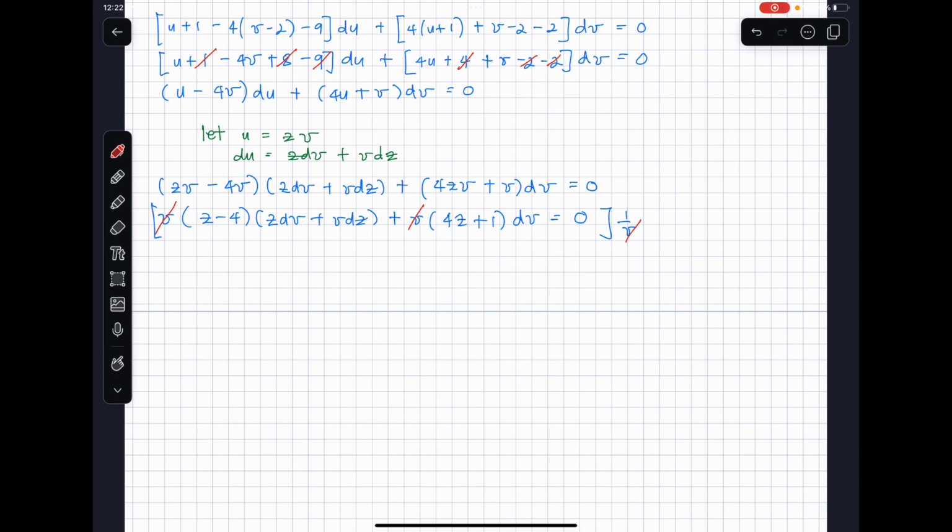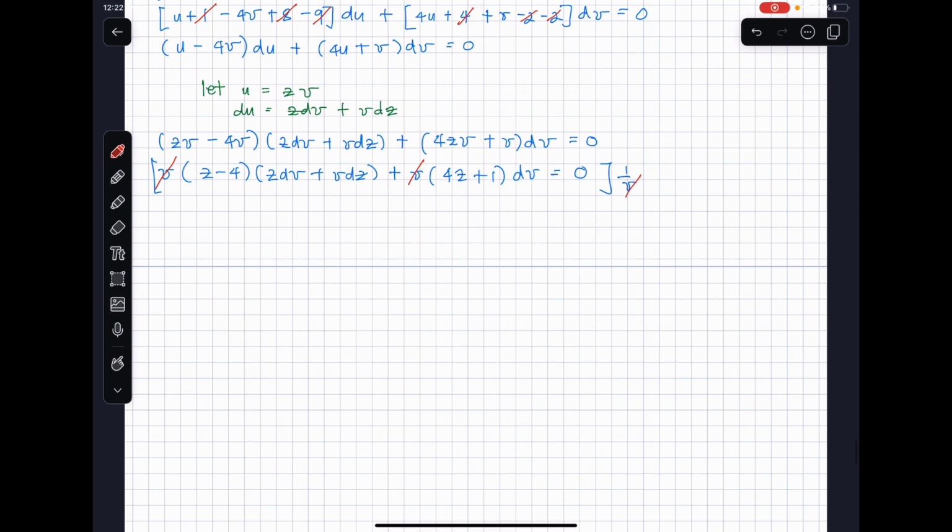So next is we combine. So we combine, so z minus 4, then multiply it with z dv. The other one, plus z minus 4, multiply it with v dz.